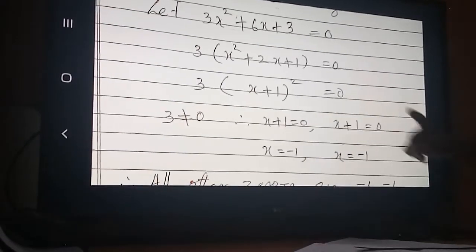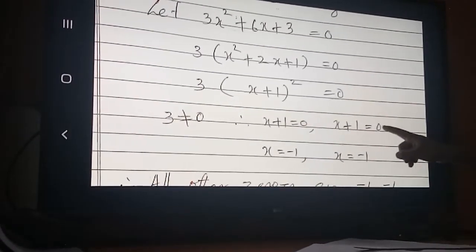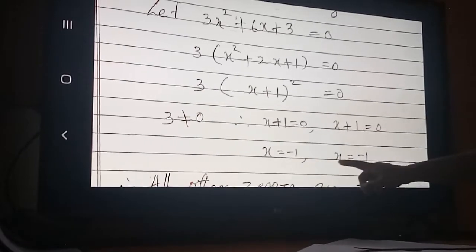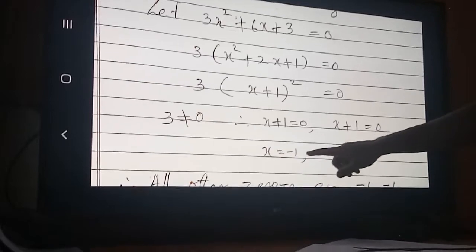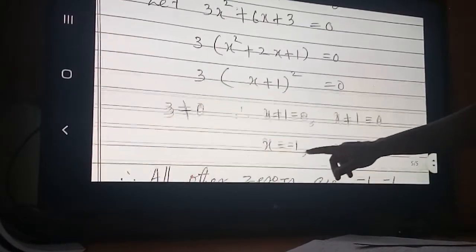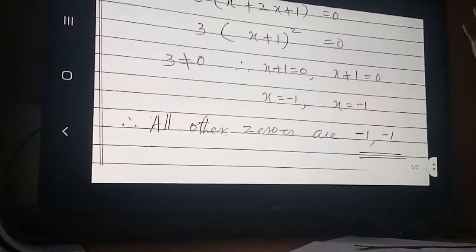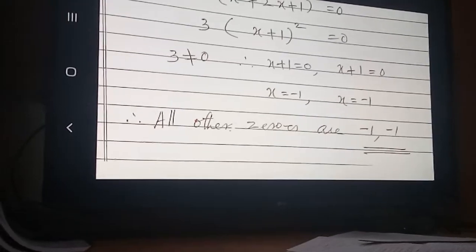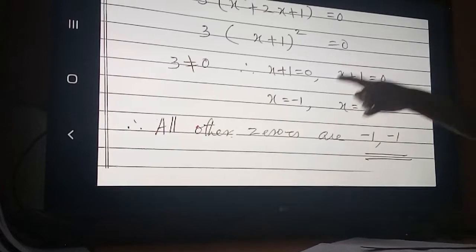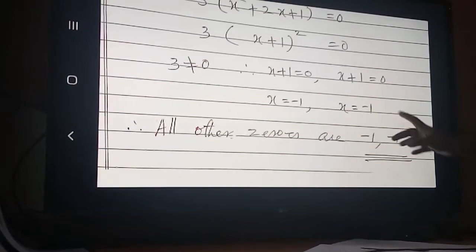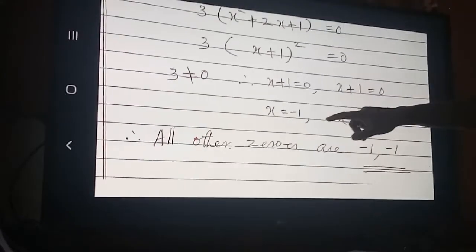That means x plus 1 equal to 0 and x plus 1 equal to 0. That is x is equal to minus 1 and x is equal to minus 1. Therefore, the other zeros are minus 1 and minus 1. So, in total how many zeros did we get? Root 5 by 3, minus root 5 by 3, and minus 1, minus 1 are the total 4.